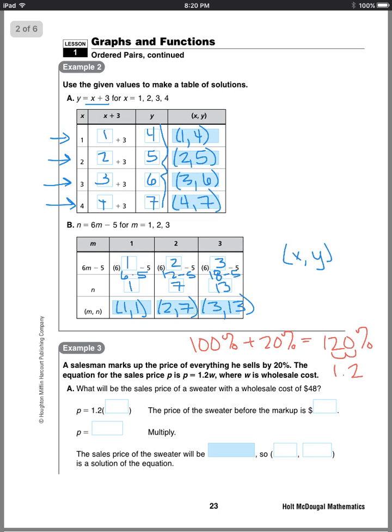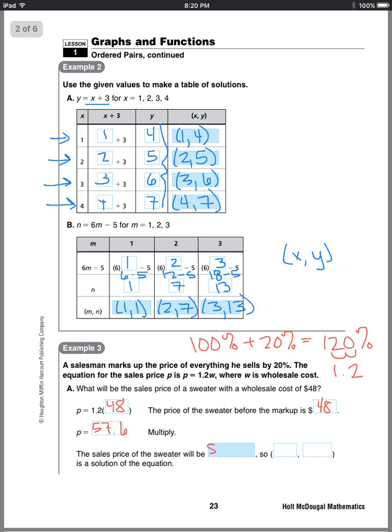So the salesman got the sweater for $48, and then they marked it up 20%, so you would multiply it by 1.2, because that would give you how much you as the consumer are paying for the sweater. And then you multiply those together, and you can use a calculator because you showed your work on step 1, and you get 57.6.